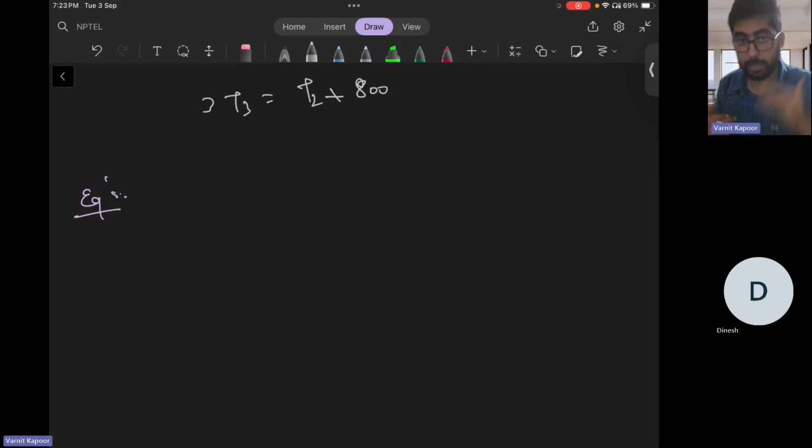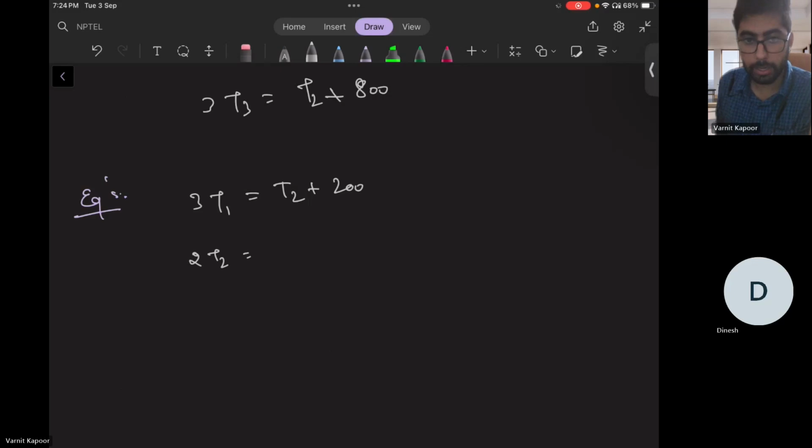Now the thing is how to solve using TDMA. We have already done framing these equations. After discretization: 3T1 is equal to T2 plus 200. 2T2 is equal to T1 plus T3. 3T3 is equal to T2 plus 800.